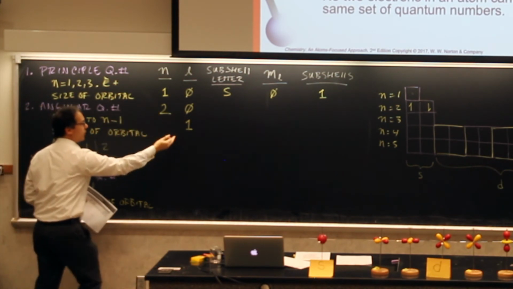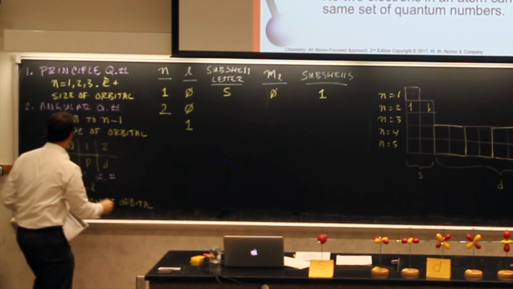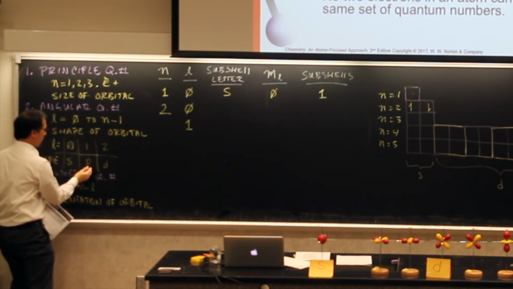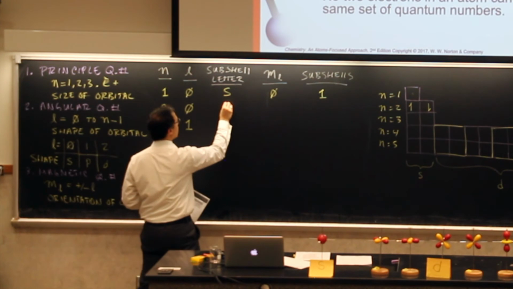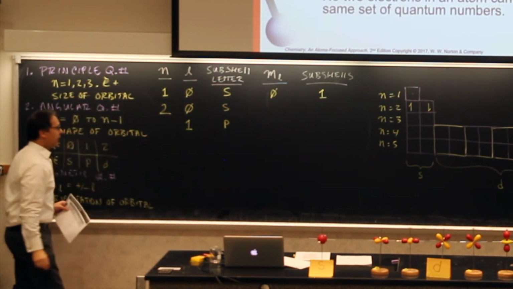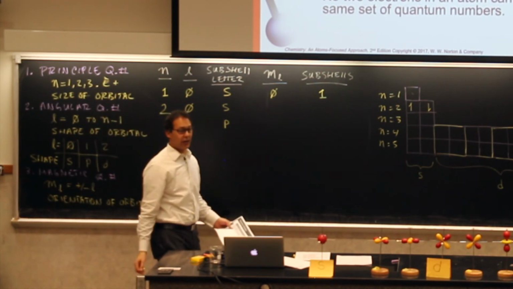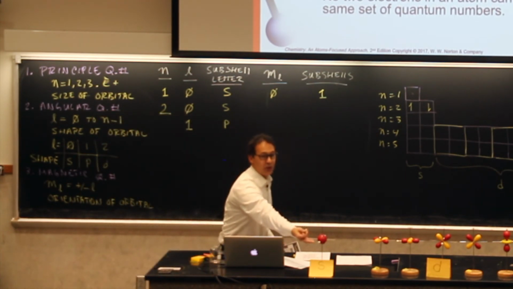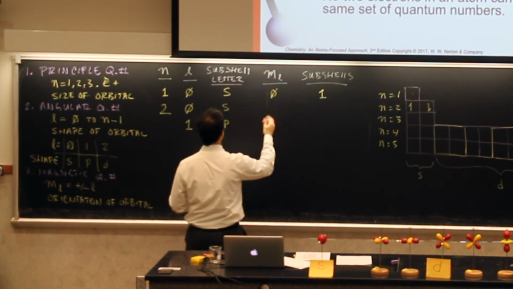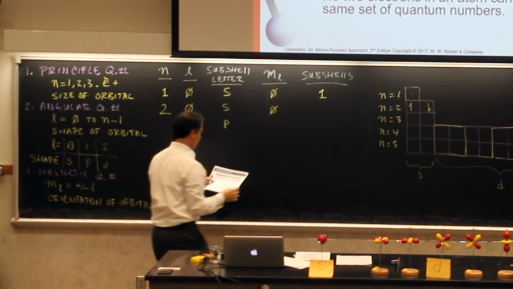If n is 2, then we could be 0 or we could be 1. Our shape is going to be S or P. And then our orientations. For the S orbital, you're going to find a pattern on this. S orbital, how many orientations? 1. So I'm just going to put 0 orientation there.